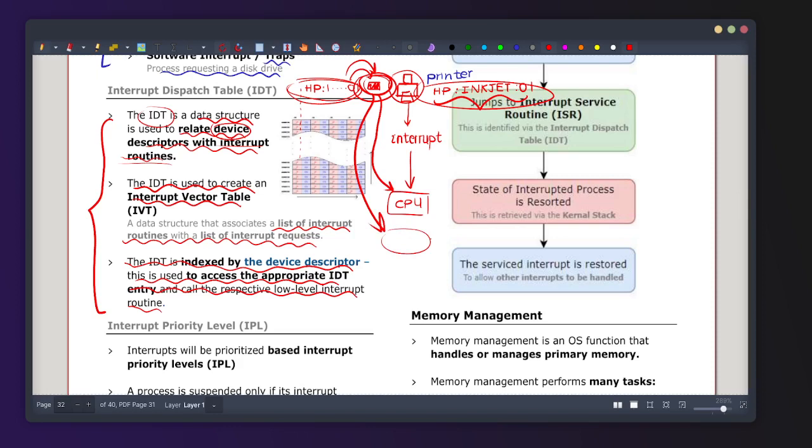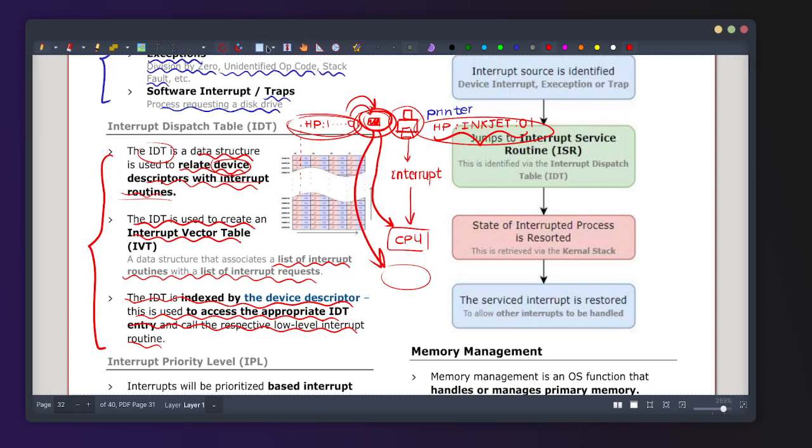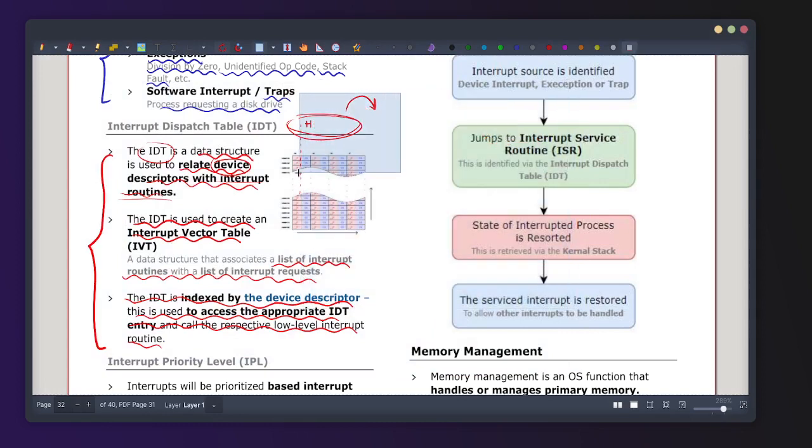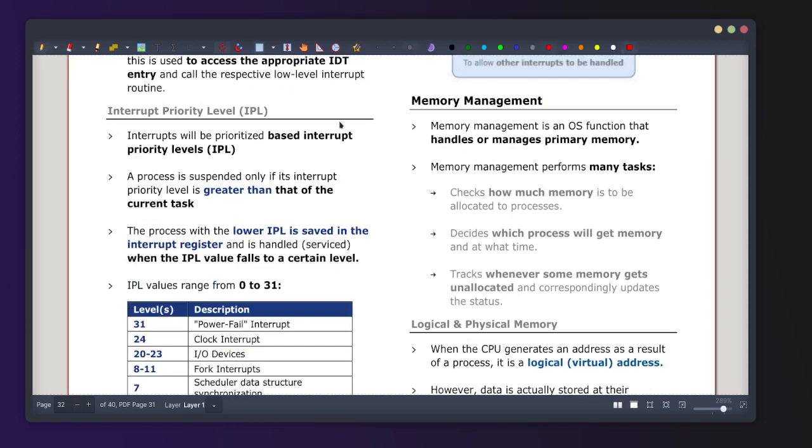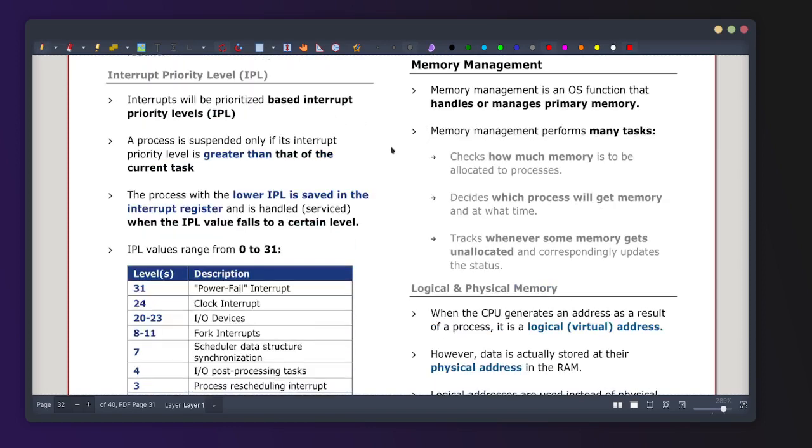And the CPU will receive this interrupt request and then go and run it. By running it, the CPU can then finally solve that interrupt. Here running this means to actually understand that this printer was plugged in and load the respective device driver. That's the idea, guys. So the interrupt dispatch table is basically a data structure that relates device descriptors with interrupt routines. Now, what we learned in AS is that interrupts have something called priority levels, right?